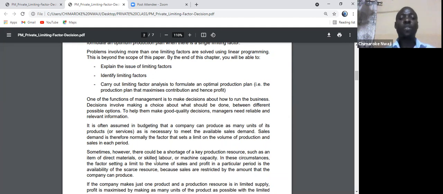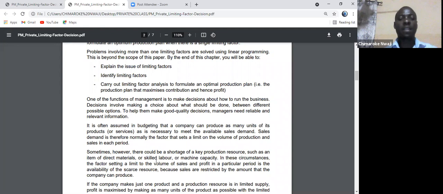It is often assumed that in budgeting, a company can produce as many units of its products or services as is necessary to meet the available sales demand. So sales demand is therefore the factor that sets a limit on the volume of production and sales in each period.